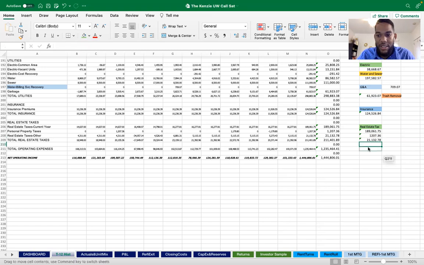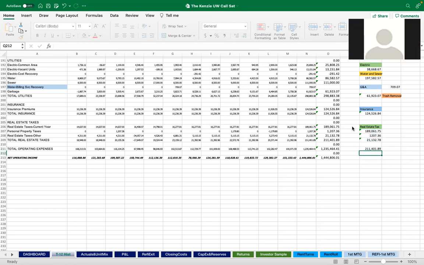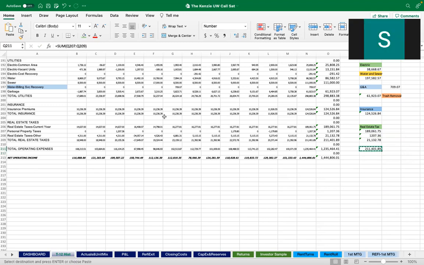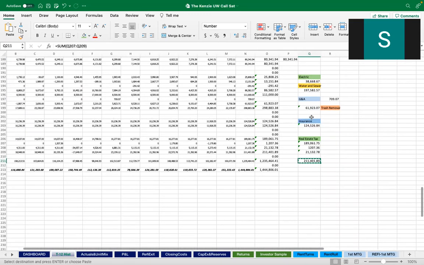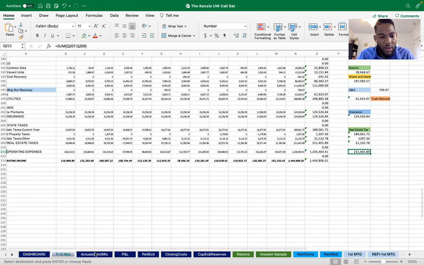So you don't necessarily have to do it, but I think if Charles was on the call, he would say it wouldn't hurt. I see, for example, row number 206, which is the real estate taxes, 189,061, and you also did this again on column Q. So you just sum up the columns in a row for every month.